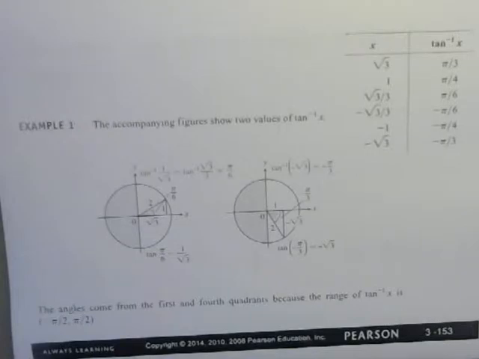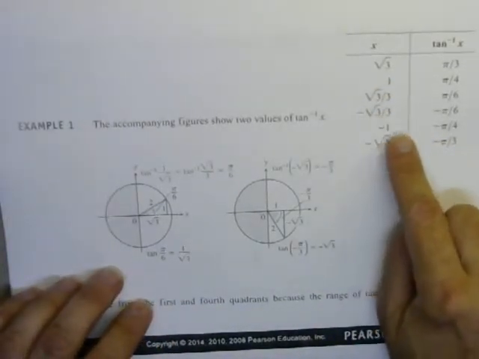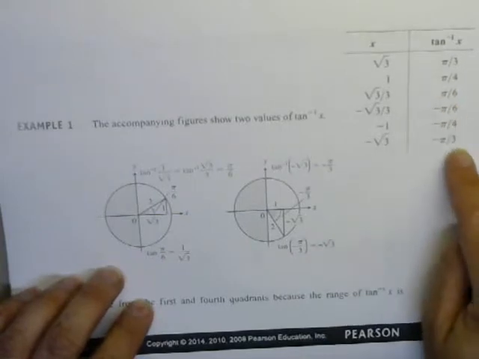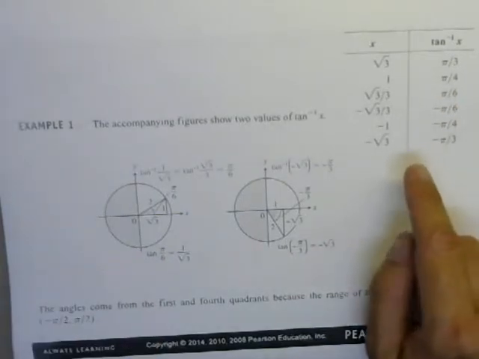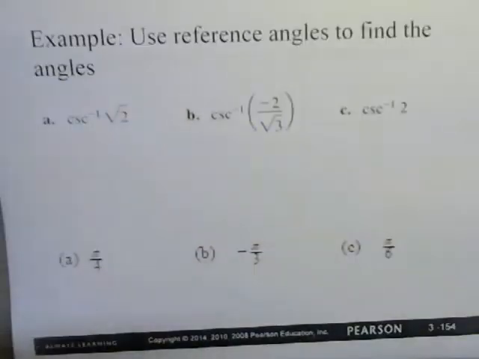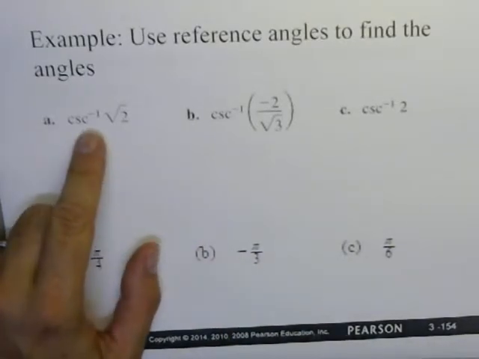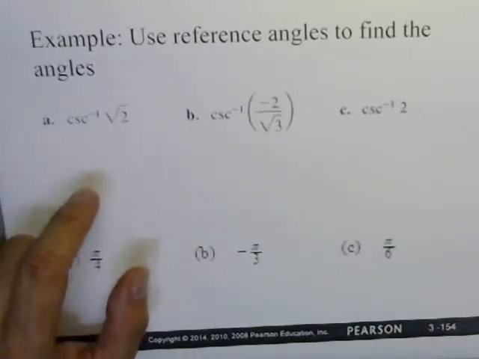Just be careful that the range values always fall in there. For various values of x, you'll see that they'll all fall between those values. Let's practice using reference angles to find the various angles here. So let's say you want to find cosecant inverse of, say, square root of 2.